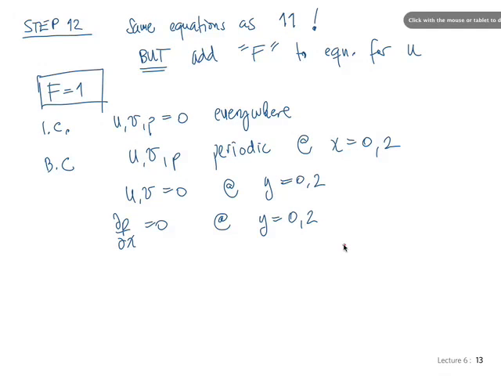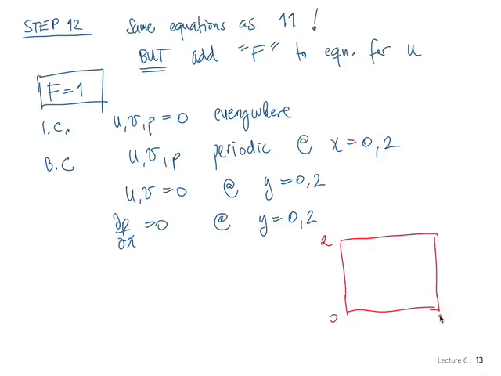So basically now you have a box like the previous one between 0 and 2, but you're going to have u and v equals 0 here, u and v equals 0 here, so it's no-slip boundary conditions on the top and bottom, and you have dp/dx equals 0 at those two places, and this is periodic, so whatever happens out at 2 happens at 0 here in x.